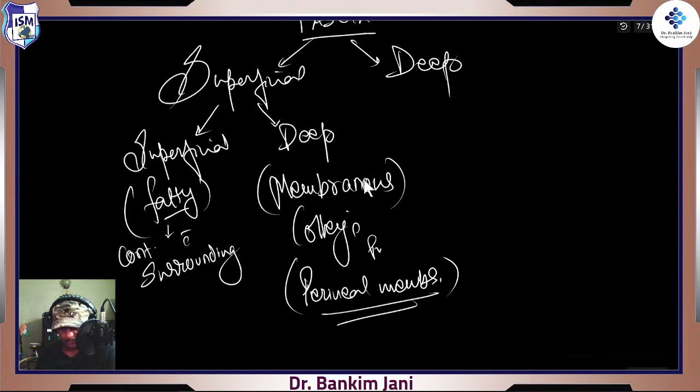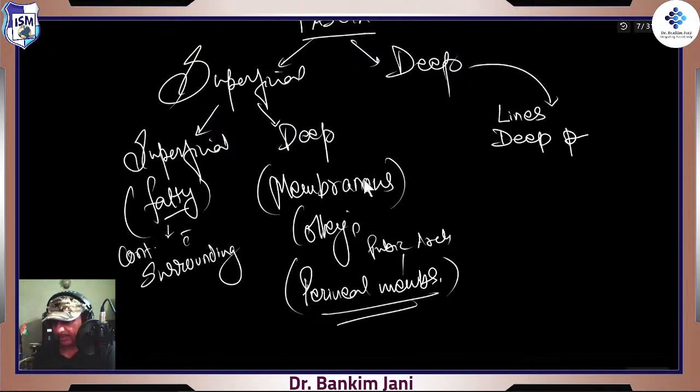So right from the pubic arch all the way, it will go till the perineal membrane. Regarding this deeper one, this is what lines the deep perineal space. Got the idea, right?